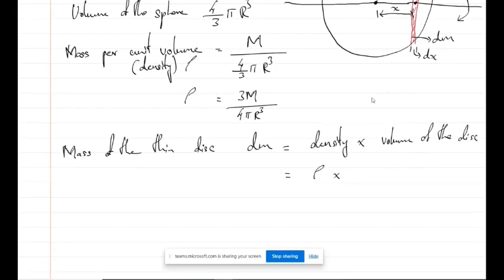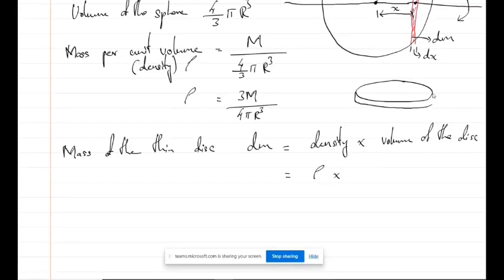You can imagine the disk is nothing but a very short cylinder, with height dx.